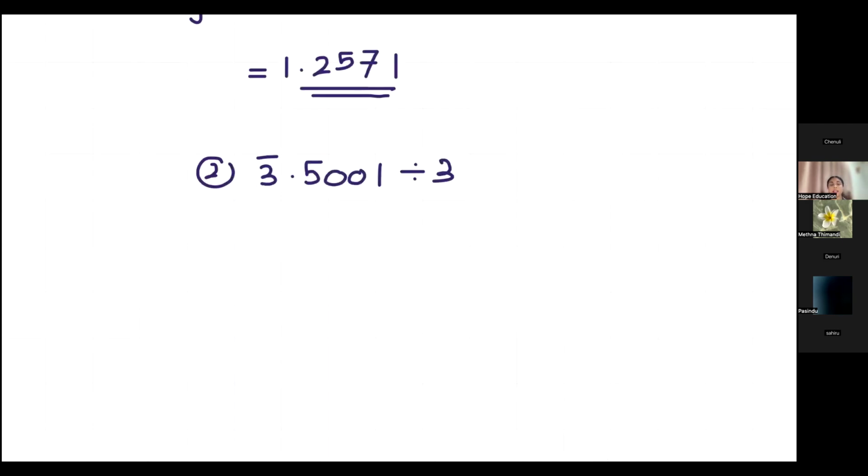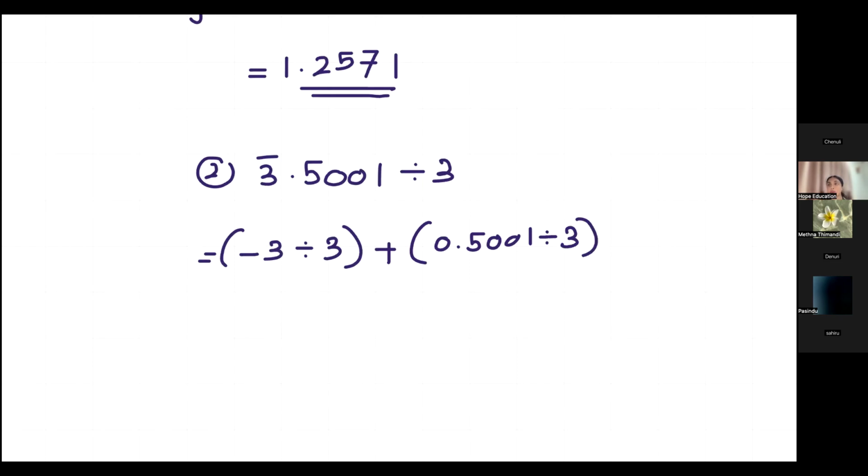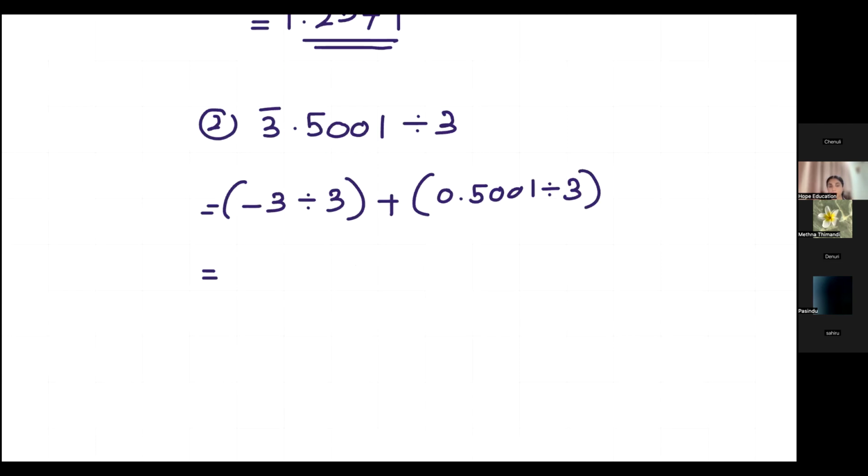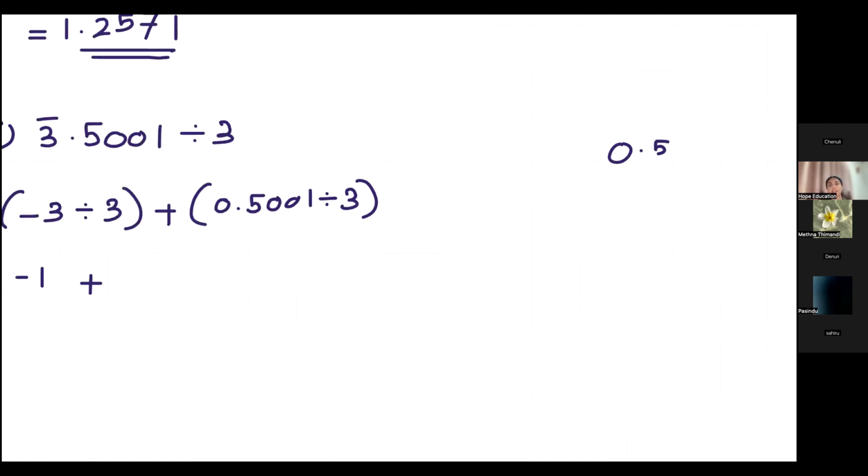The characteristic is bar 3, so minus 3, and you divide minus 3 by 3 separately. Plus, the mantissa is 0.5001, which you divide by 3 separately. So minus 3 divided by 3 is minus 1 plus 0.5001 divided by 3.